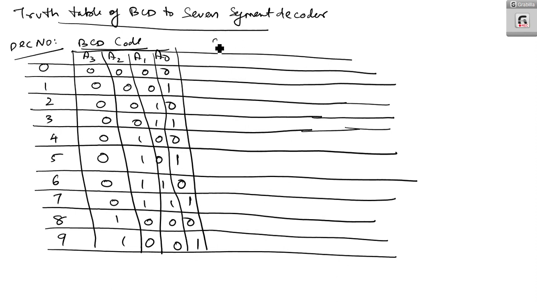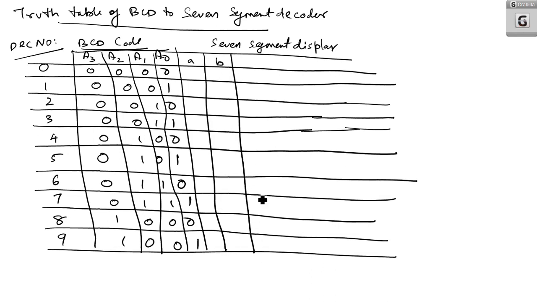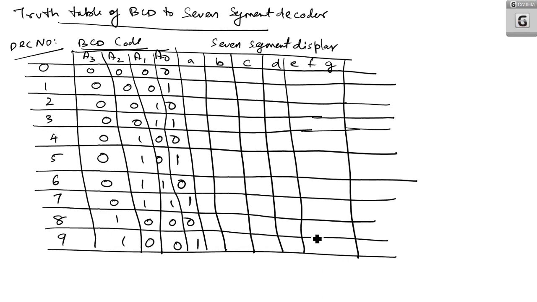Next comes the 7-segment display. Here we have A, B, C, D, E, F and G. So let me draw that 7-segment display here.